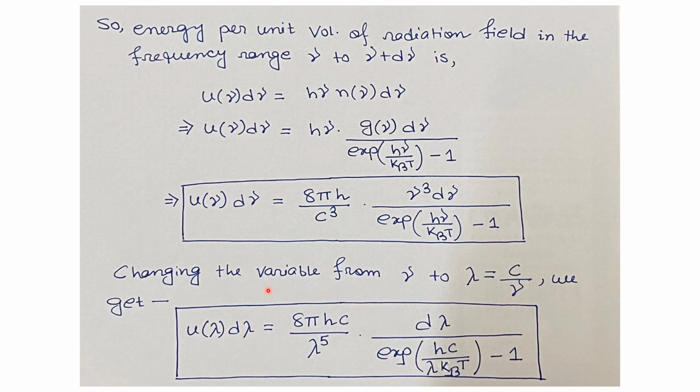Now we'll change the variable frequency nu to the wavelength lambda, where lambda equals c by nu. So we have u(lambda) d lambda equals 8 pi hc divided by lambda to the power 5 times d lambda divided by exponential of hc divided by lambda kBT minus 1.